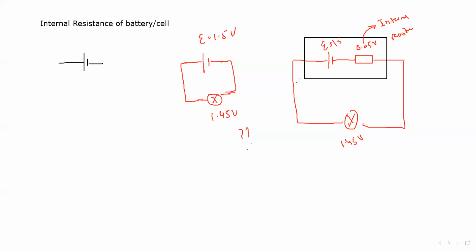If I connect a voltmeter parallel to the battery, the voltmeter cannot record the loss voltage. So what will the reading on the voltmeter be? It will be 1.45 volts, because 0.05 of the energy or work done per unit charge is against the internal resistance.